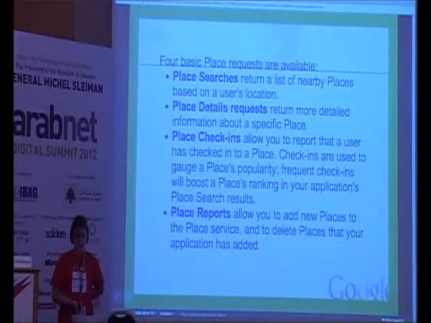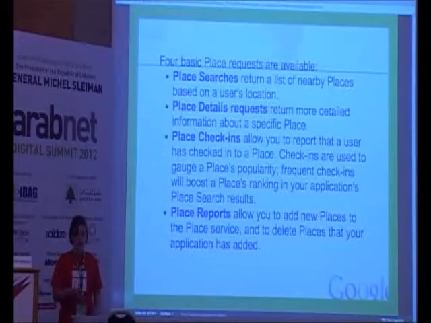In particular, for the places, there are 4 basic types of requests. You can search for a place given a location. You can also request place details, that's the information about the address, opening hours and things like that. You can report user check-ins.